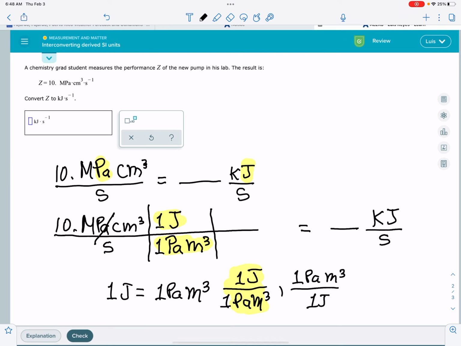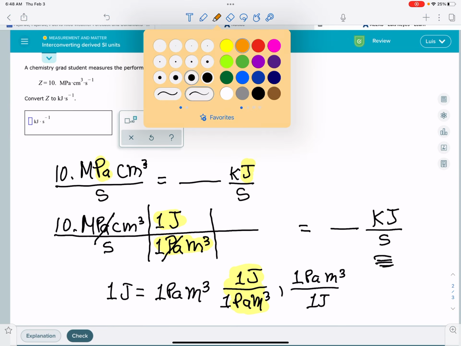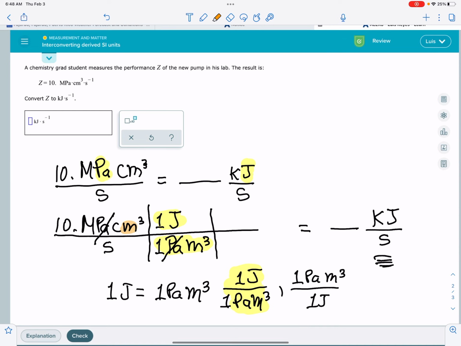So where does that get me? Well, the Pascal cancels with the Pascals. If you notice, there's no meters in my solution. My solution is only kilojoules per second, so I gotta get rid of the meters. I do not have meters, I got centimeters, right? So I'm trying to relate my meters to my meters, but these are centimeters and these are meters. So I'm gonna have to convert my centimeters to meters.